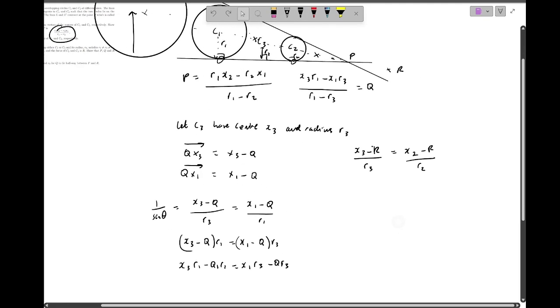So again, if we rearrange, we're going to get x3 r2 minus r r2 is equal to x2 r3 minus r r3. And again, you would just end up getting x3 r2. In fact, let's just make that nicer.